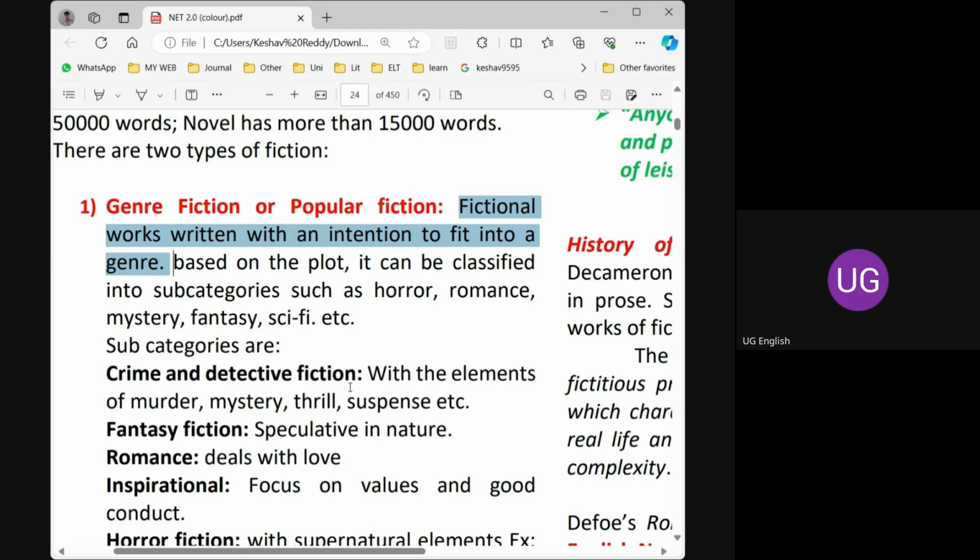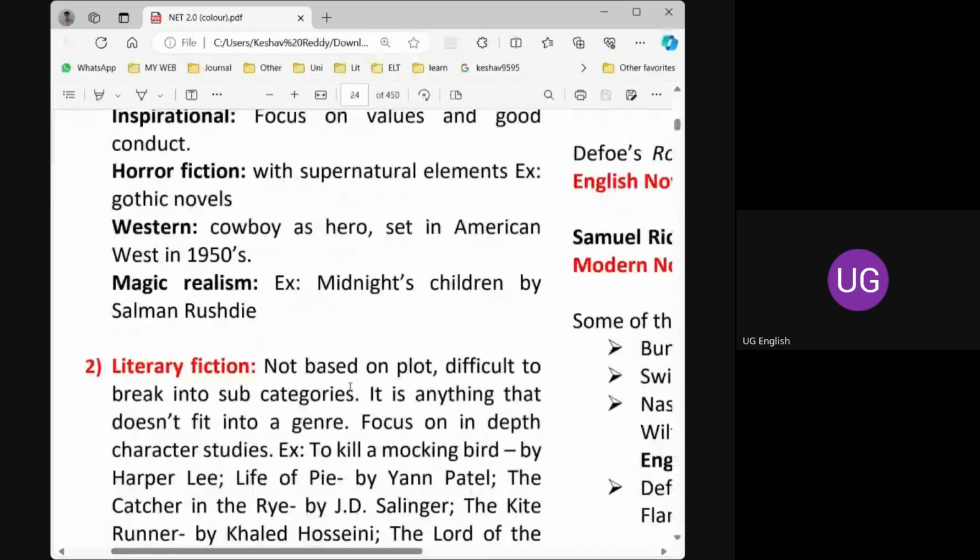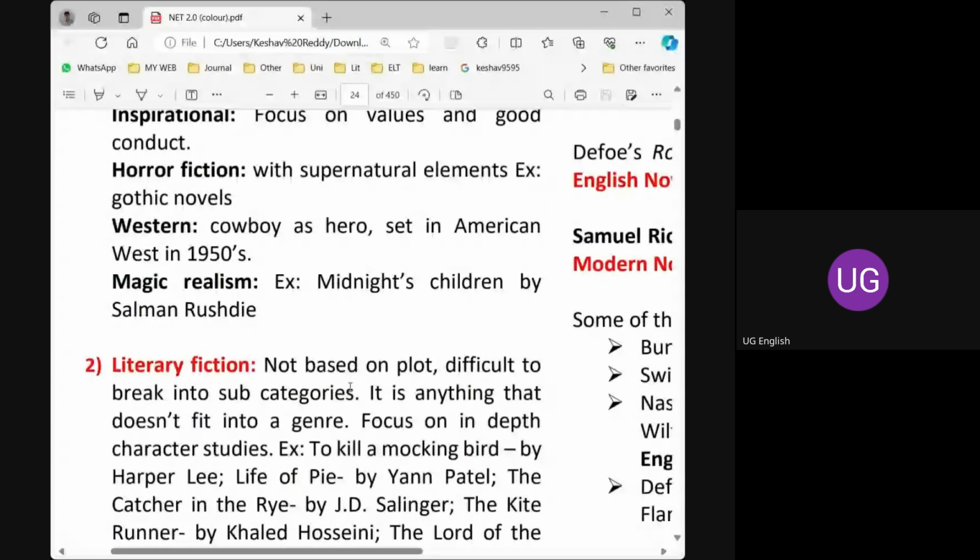But if it is very complex, if it is very difficult to subcategorize, sometimes we cannot simply say that this work is related to horror fiction or romantic fiction.